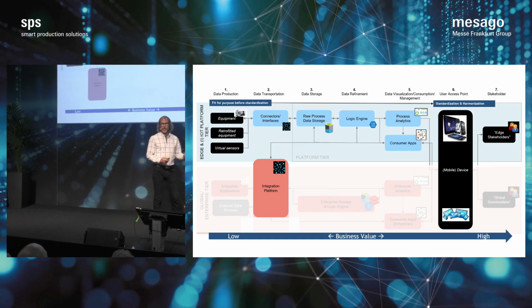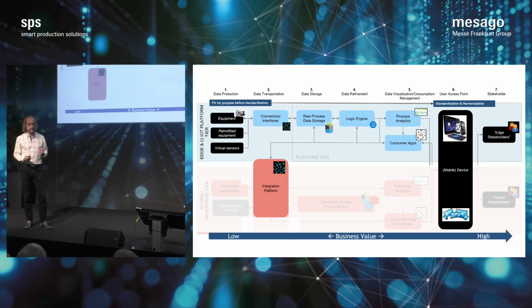But the exact solutions we select for each building block will be very different in the blue swim lane compared to the pink swim lane. And that is because we need to handle the specific needs of the OT domain. And that is mainly connected to the variety of legacy equipment that we encounter there.